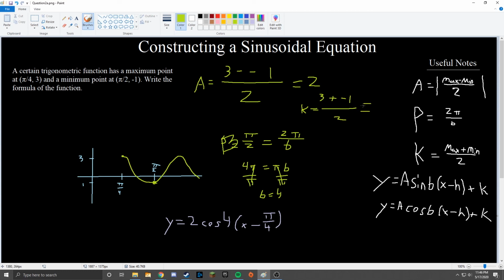So that's just 2 over 2, so that's going to be 1. And now we have plus 1. So now we have made a function from such a little amount of information.